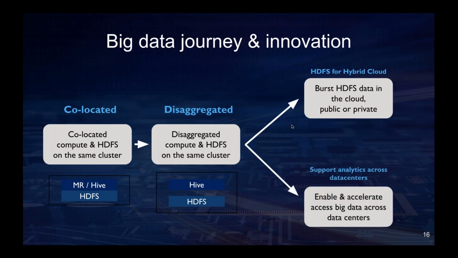We also see a lot of companies pursuing the approach of running multiple data centers in different regions or different parts of the world to improve locality. In this case, we see more and more challenges in how to enable fast data access across different data centers.